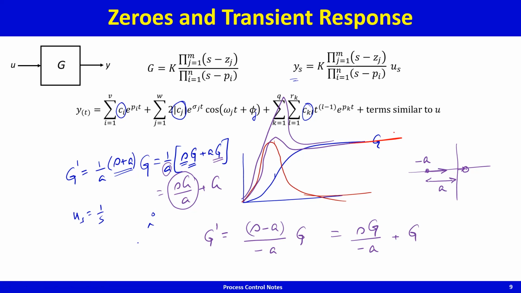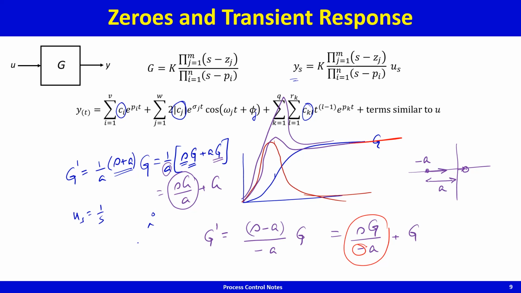However, initially you are going the opposite way, because now there's this negative sign. The g is moving it one way, the derivative with that negative A is moving the response the other way.